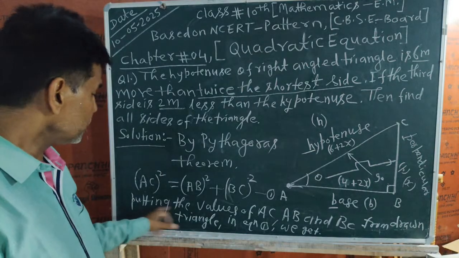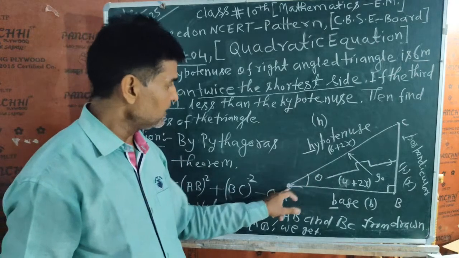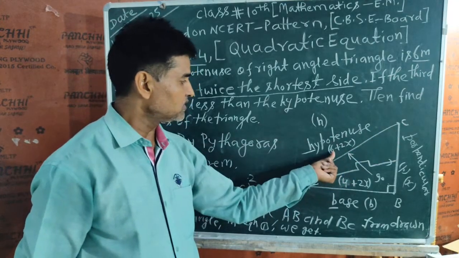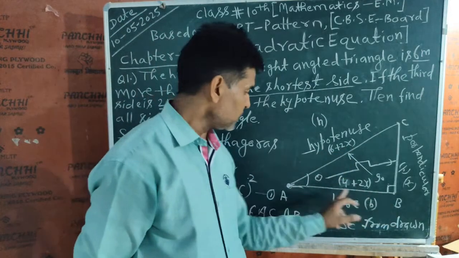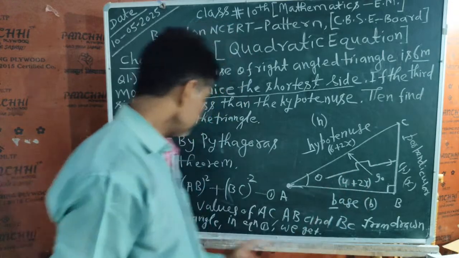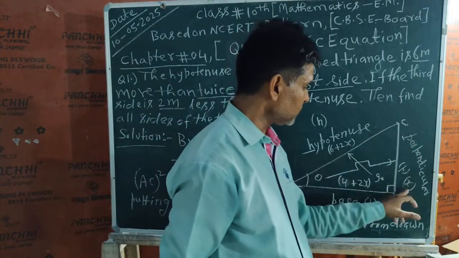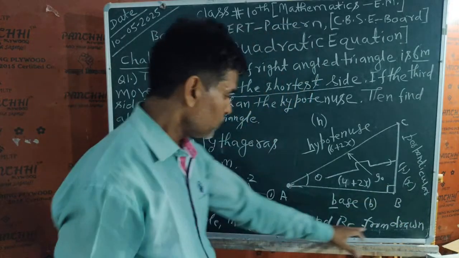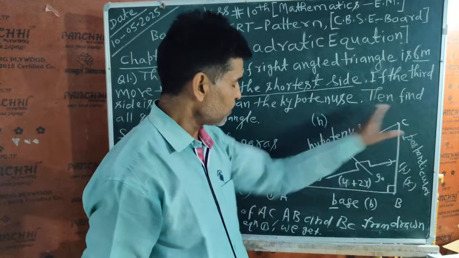Okay student, putting the value of AC is written here, AC, its value is 6 plus 2x, and then AB, its value is 4 plus 2x, and the value of BC is x, from the drawn triangle.